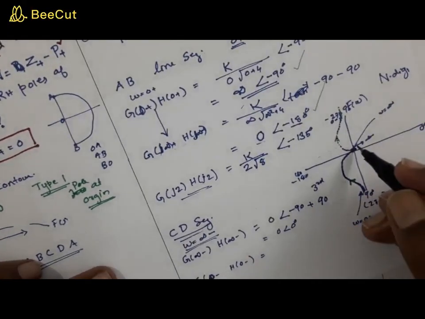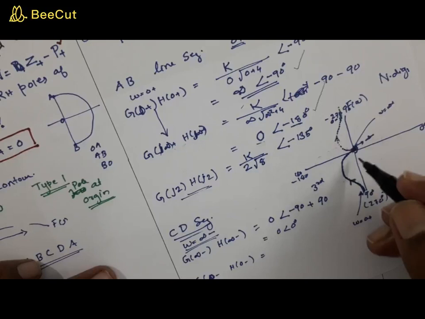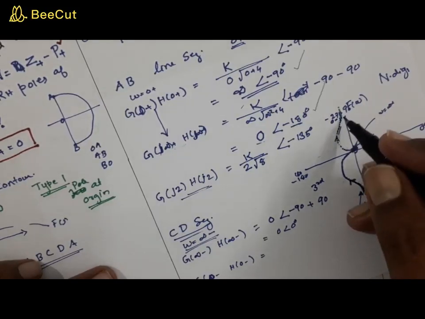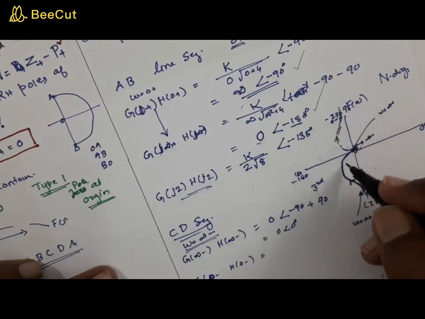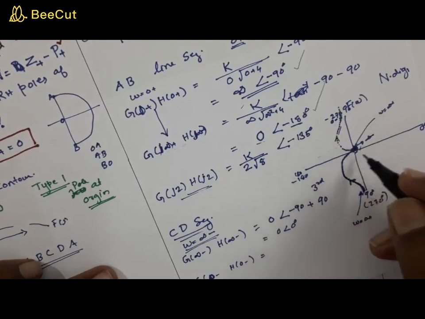Now if you assume there is a small circle, something like this, in order to restore the direction, look at this. The circle must be in the anti-clockwise direction, then only it will be proceeding like this. Suppose you imagine that this is in the clockwise direction. This direction will not match with the direction of this circle formed.